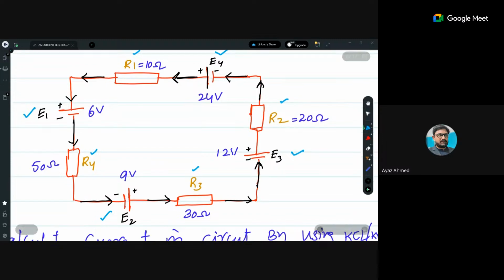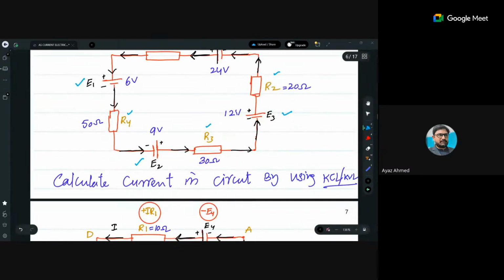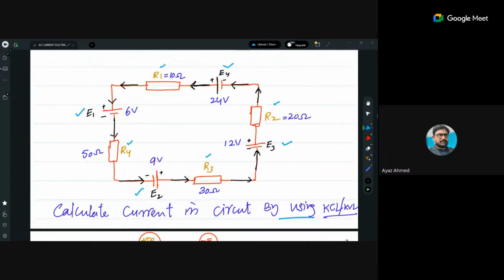For example, you will be asked, write the equation, right? Write the equation by using Kirchhoff's first law or second law. And second thing, you have to calculate the current in this. There are two ways to calculate current in this. One way is just consider all the EMFs separately.